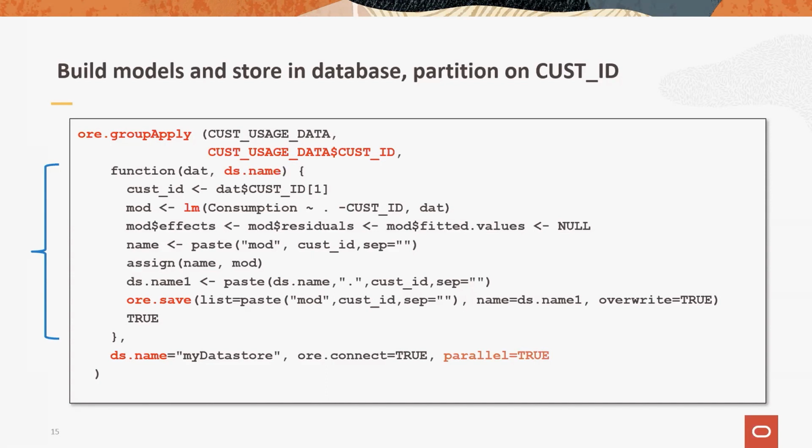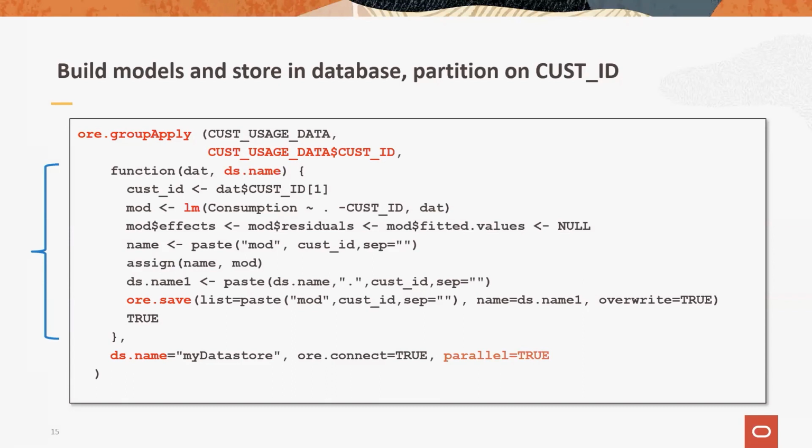Then we pass in the user-defined R function that takes two arguments, the data that will be automatically passed in as an R data frame, and the name of the data store where we want the resulting model to be stored. We build a model, which could also leverage one or more third-party packages, and use ore.save to store the model in the data store.